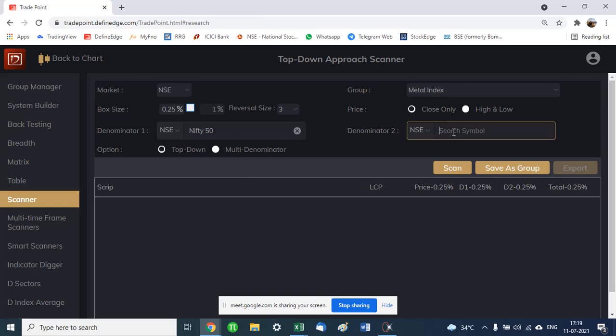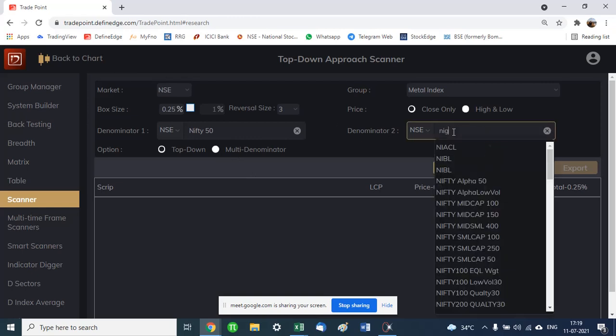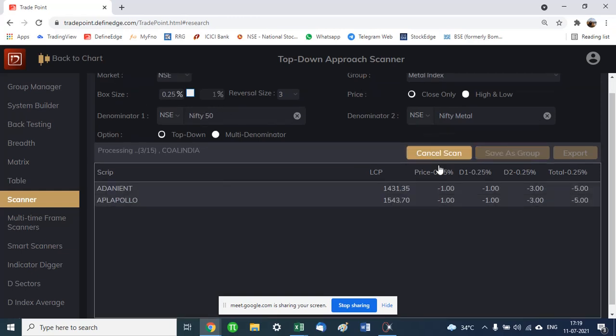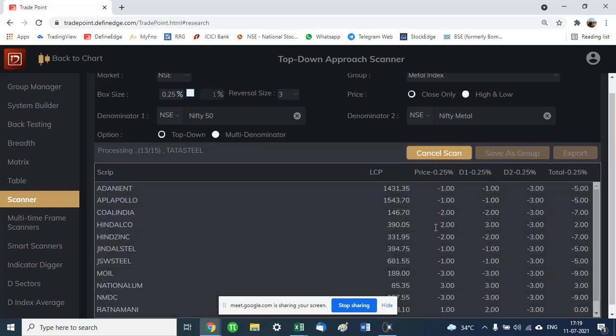Oh, sorry, I have to select two denominators here. So CNX metal, Nifty metal. Yeah. So metal index stocks I am scanning against Nifty 50, and I run the scan.